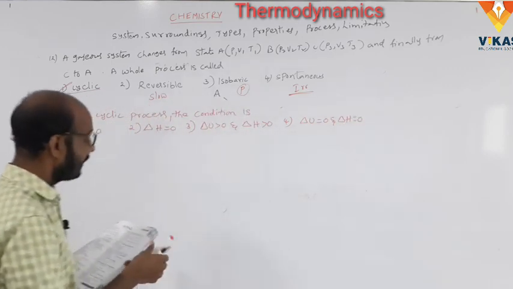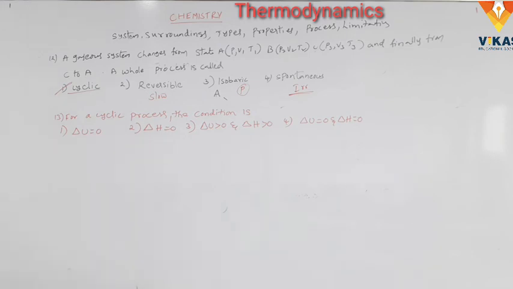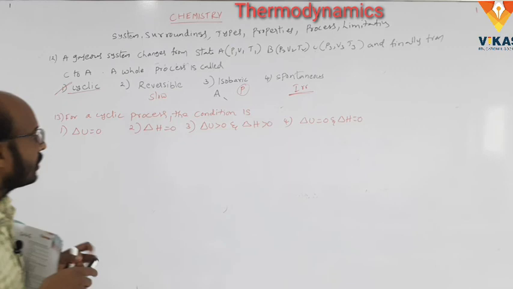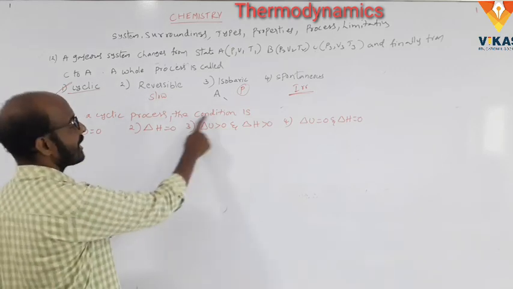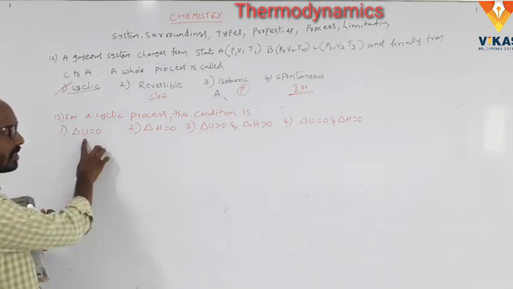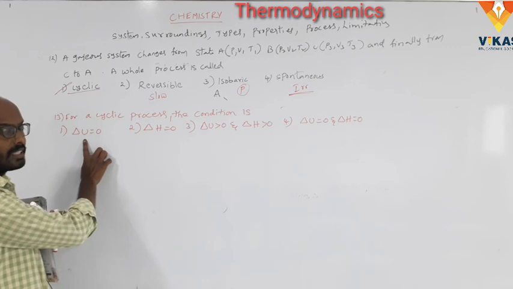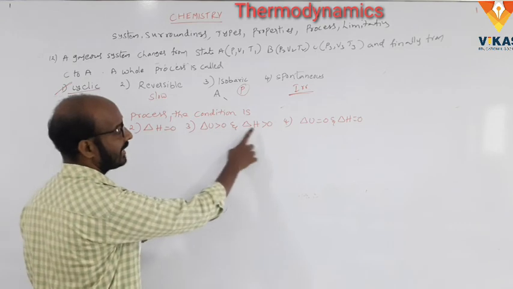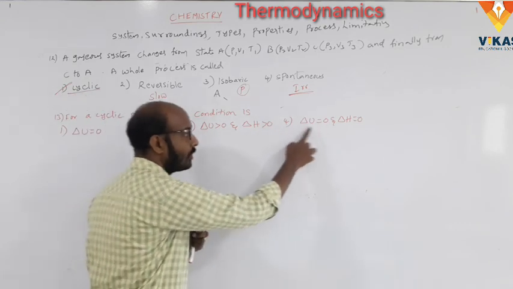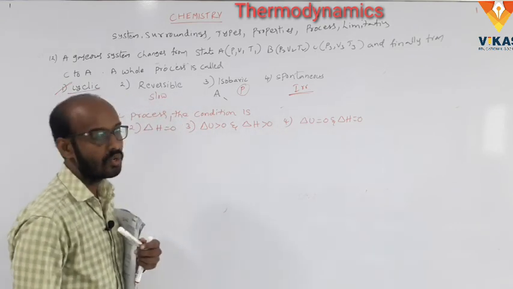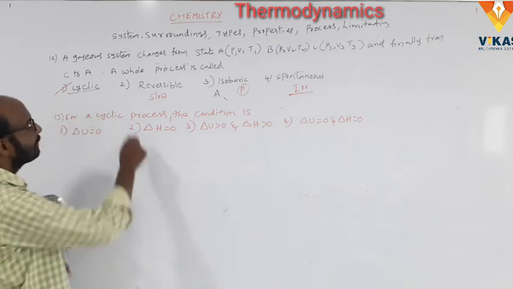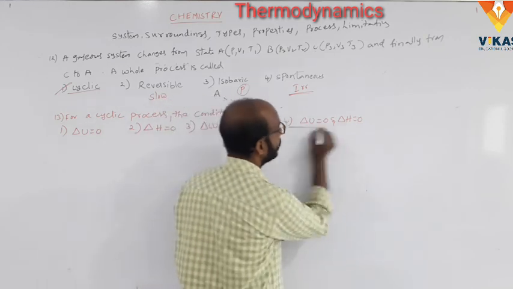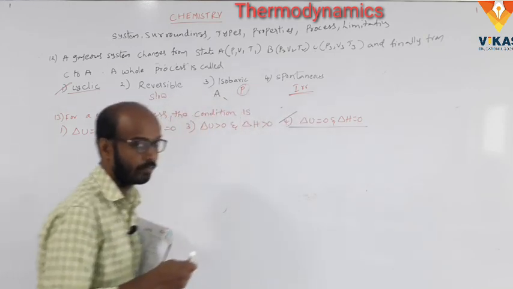In the cyclic process, the internal energy and enthalpy both are 0. Delta H greater than 0? No. Already we know in the cyclic process internal energy and enthalpy are constant, so delta U and delta H are 0.